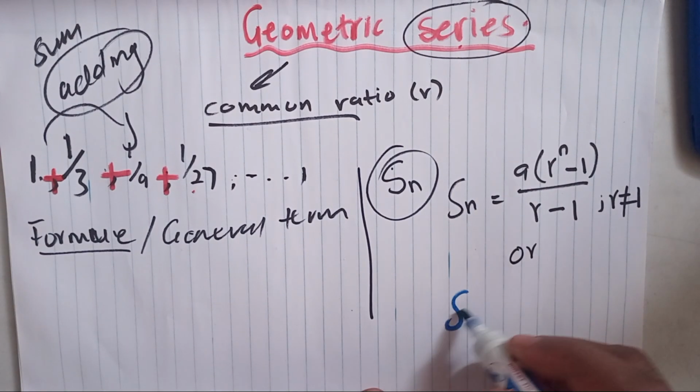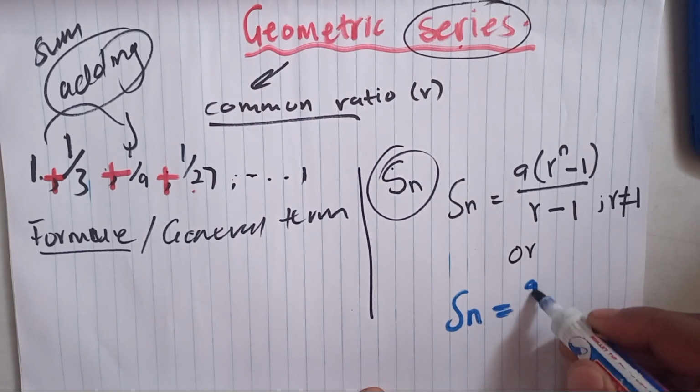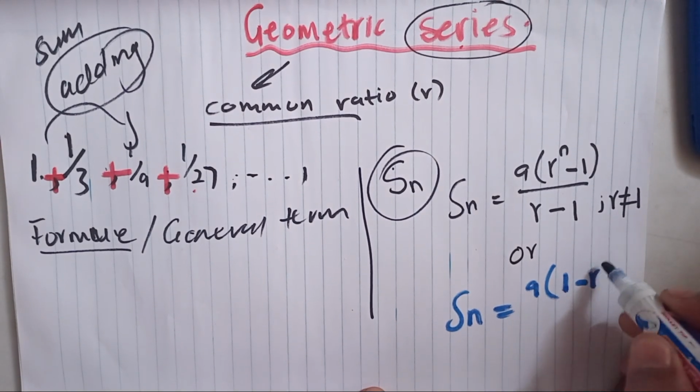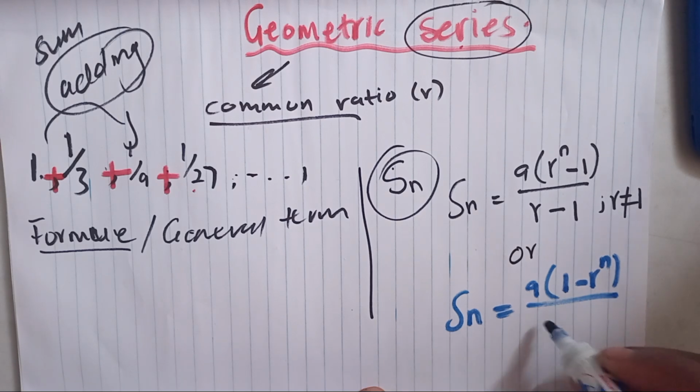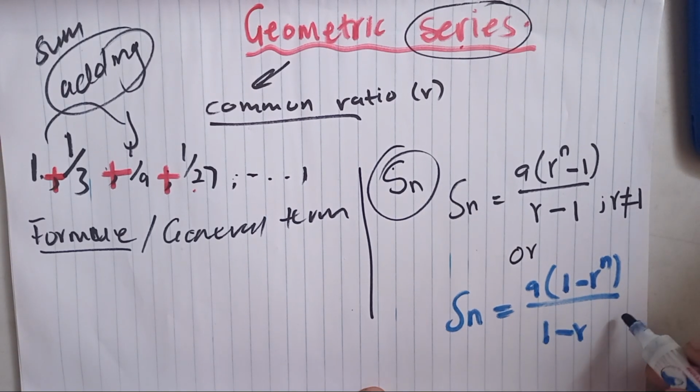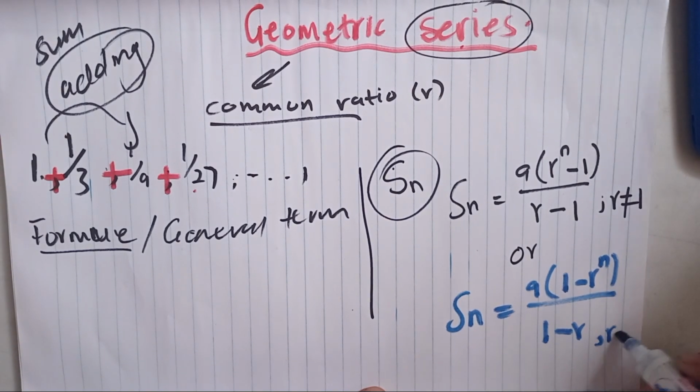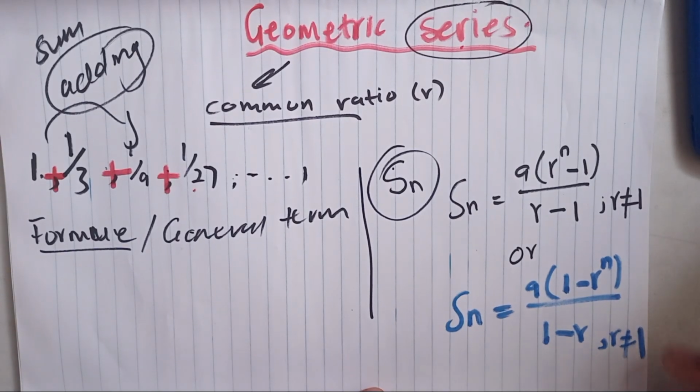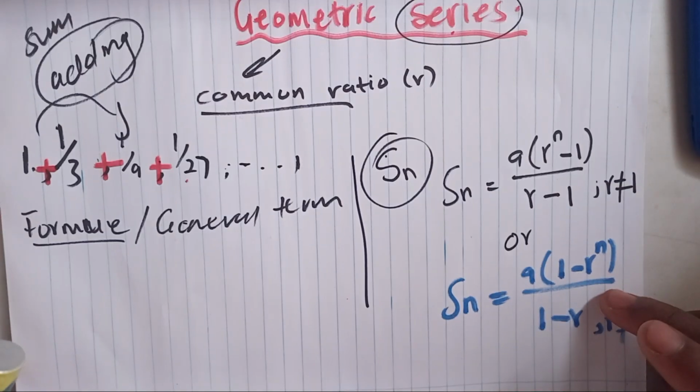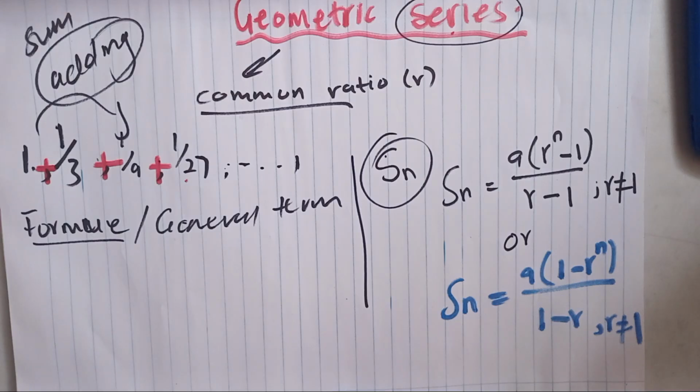I prefer using the one that says Sn is equal to a into 1 minus r exponent n divided by 1 minus r, whereby the same thing applies. r should never be equivalent to 1. So guys, these two formulas, you can use them interchangeably.